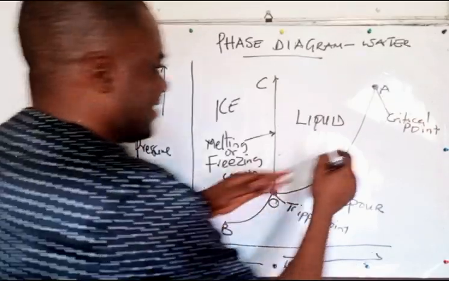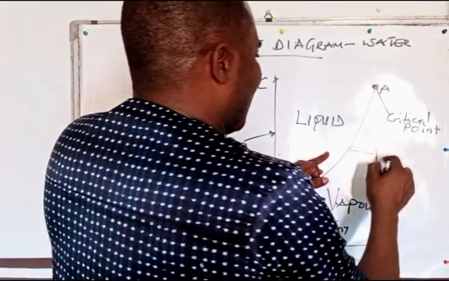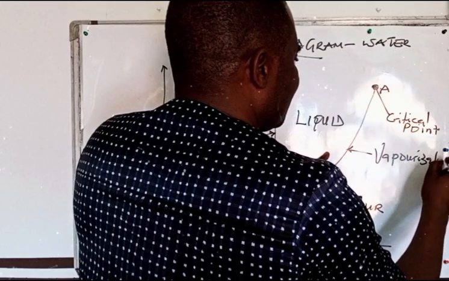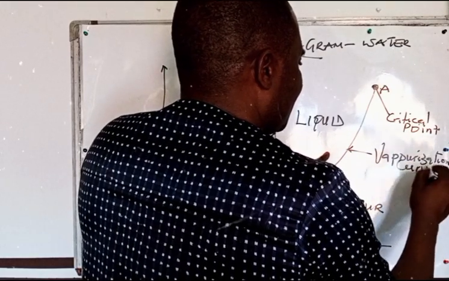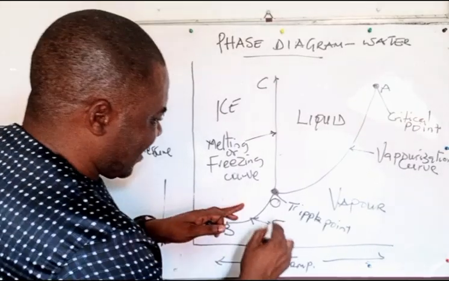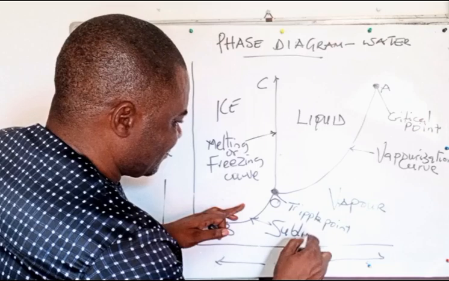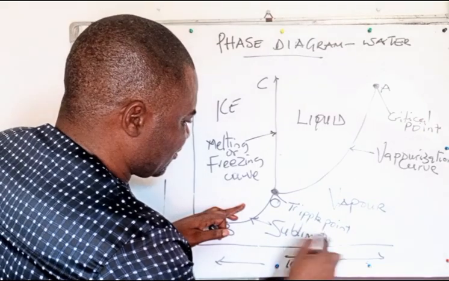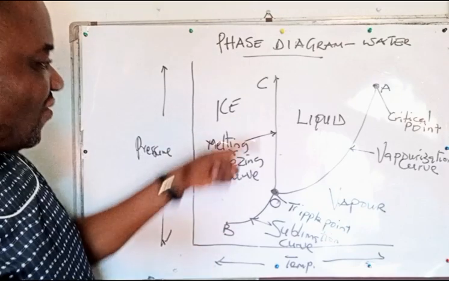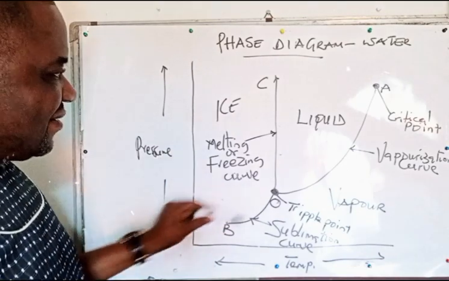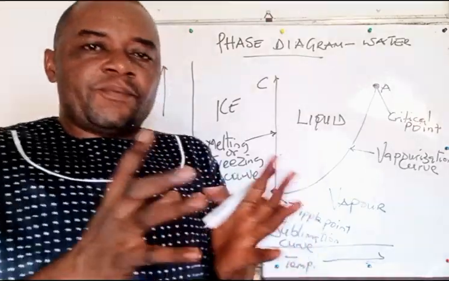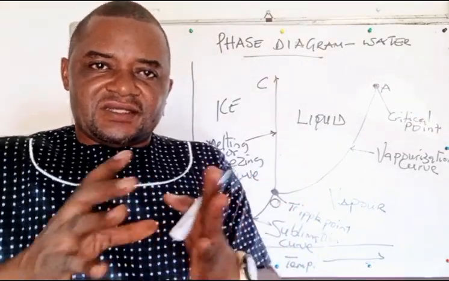And this line you see here, you can describe as your vaporization curve. And this line here can be described as your sublimation curve. These are curves, and they describe the points at which these changes take place.